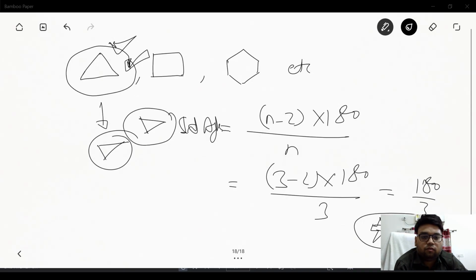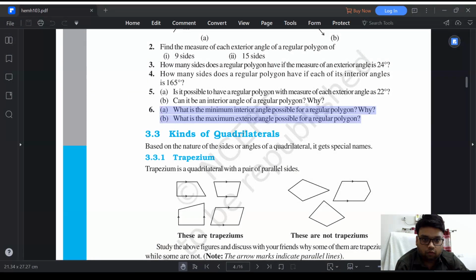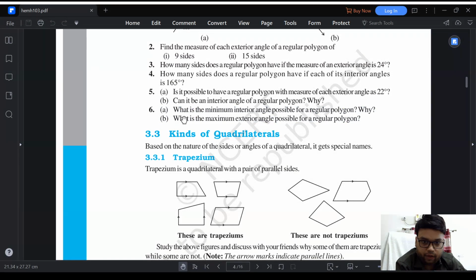I am explaining once again how you will frame the answer to the particular question. The minimum interior angle possible for a regular polygon is 60 degree, because we need three sides of a polygon to make a regular polygon, and these three sides will be called a triangle, nothing but the equilateral triangle.